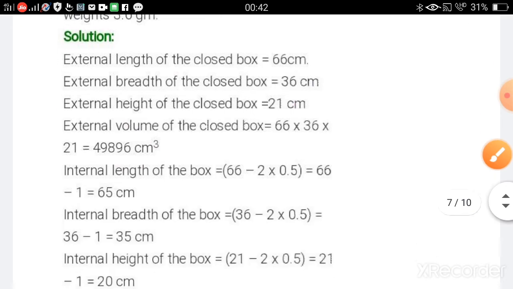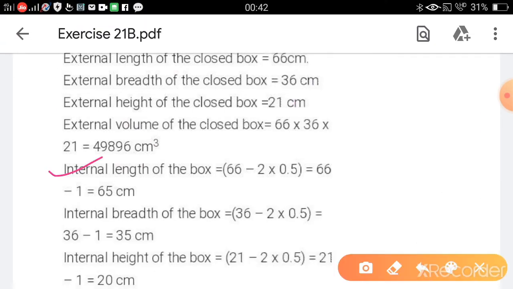Then we have to find the internal length.